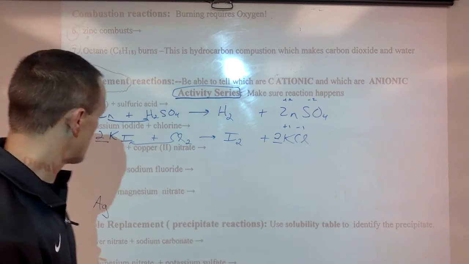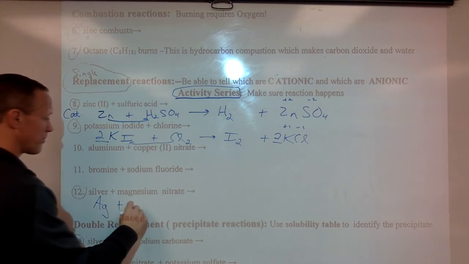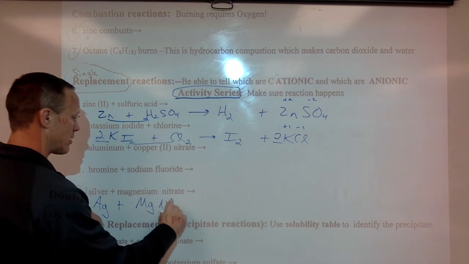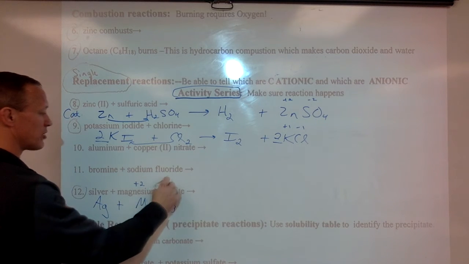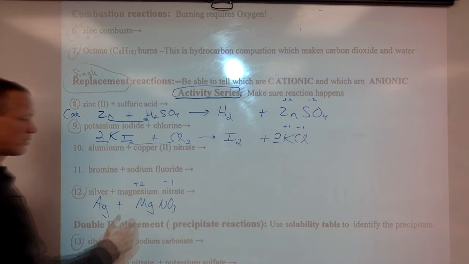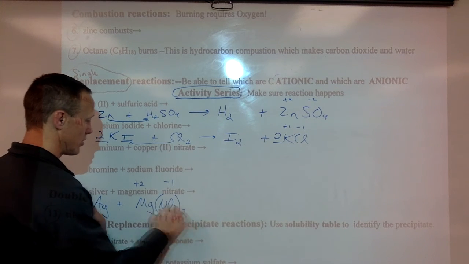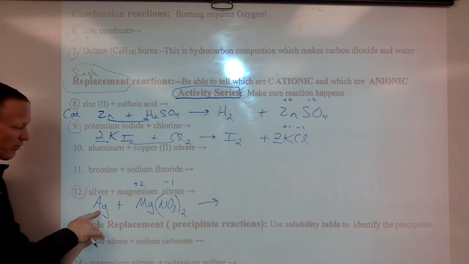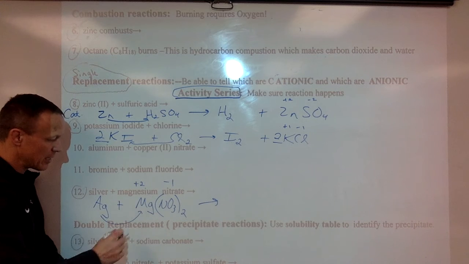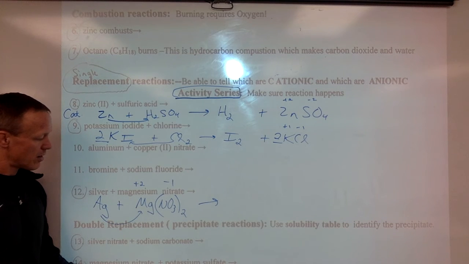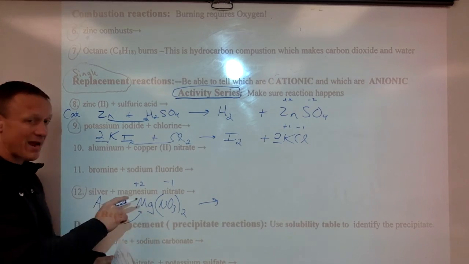This next one, we're doing silver plus magnesium nitrate. Magnesium is a +2 charge, nitrate's a -1, so we need parentheses with a 2. Silver is trying to replace magnesium, so we need to make sure silver is more reactive than magnesium.